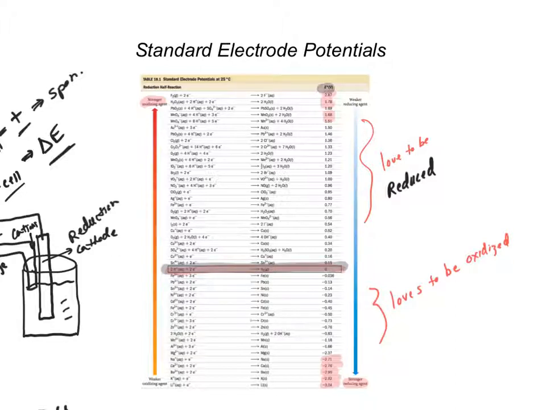So if you love to be oxidized, what does that make you very good at being? So things that love to be oxidized are very strong reducing agents, right? Because if you're oxidized, you've given up your electrons, you've reduced somebody in the process, whereas things that love to be reduced are very strong oxidizing agents, okay? So given a nice list of these reduction potentials, you should be able to determine who's the stronger oxidizing agent or who is the stronger reducing agent just based off of these values, okay?